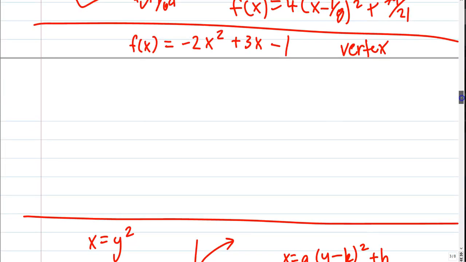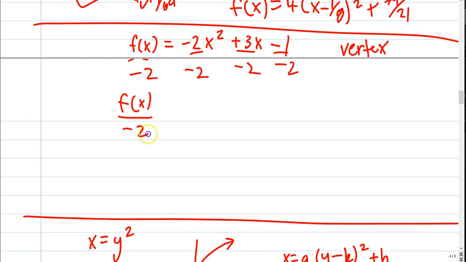Let's find the vertex on this. Okay, we need to divide everything by negative 2, including the right side. That gives us f of x over negative 2 is equal to x squared minus 3/2 x plus 1/2.